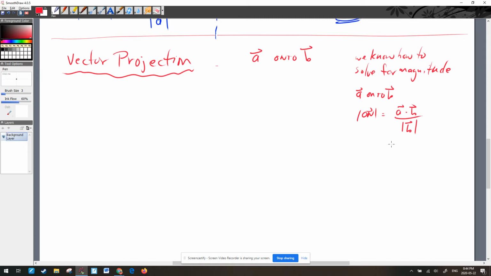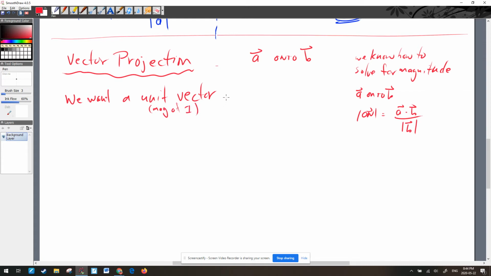So if we take the unit vector that is in the same direction as vector B, then we would be good to go. So I'm going to write that out. We want a unit vector, and recall, of course, a unit vector is very specific. It has a magnitude of 1, right?